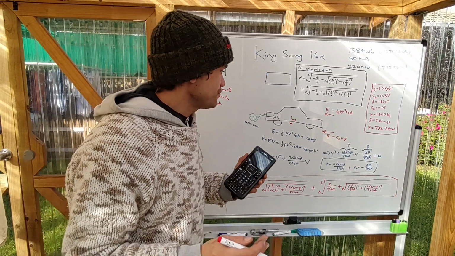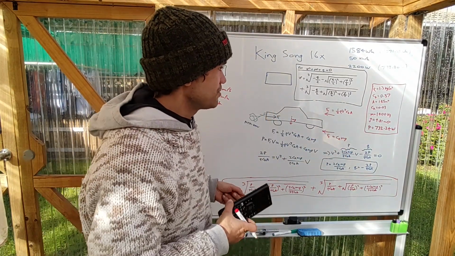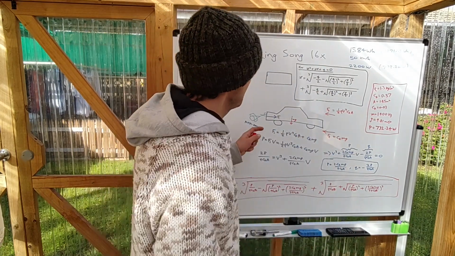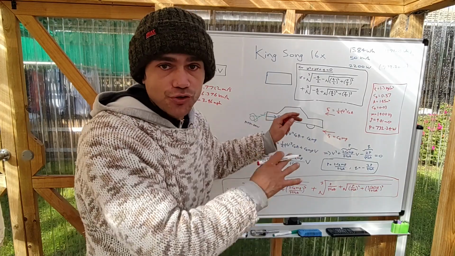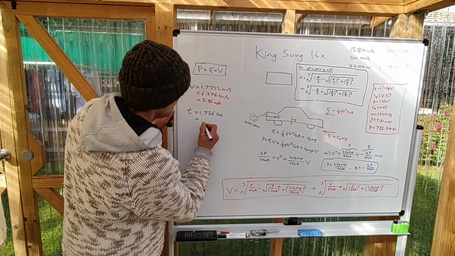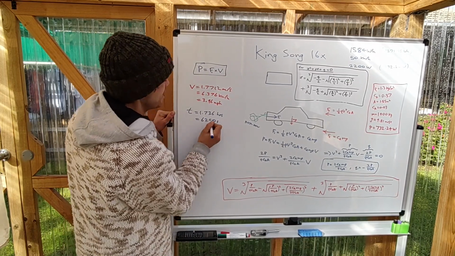But what we wanted to find out was how far could we push this car before the battery runs out. To find that answer is very simple. All we've got to figure out is how long can we push it for. 6250 seconds.